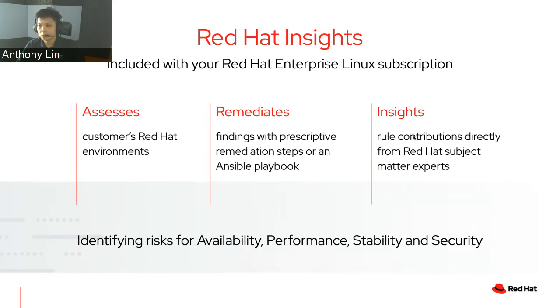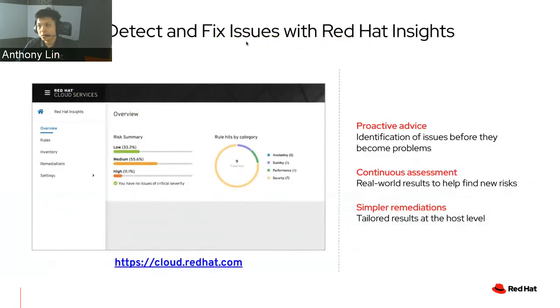And obviously, it can also identify risk beforehand with the analytics piece, right? So ultimately, what this will help you is to be able to identify the risk, right, for availability, performance, stability, and security, right? It basically helps you to also do proactive advice, right? You can identify the issues before it becomes a problem, right?